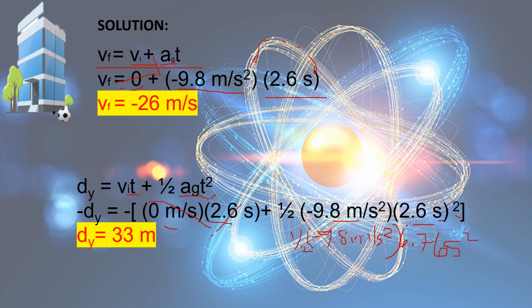Next is multiply negative 9.8 meter per second squared to 6.76 seconds squared. So the answer is 66.25.